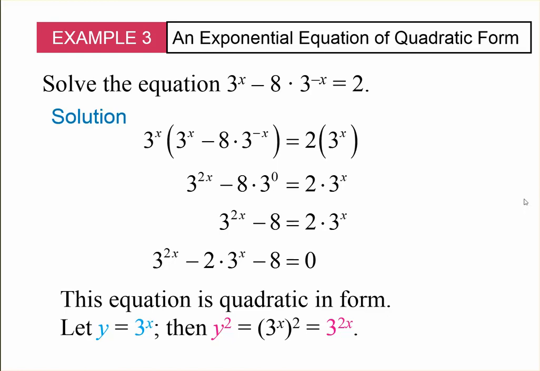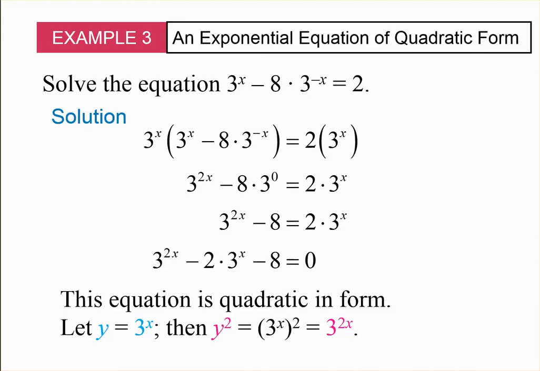So here's the one that I wanted to do. Can we solve this equation? 3 to the x minus 8 times 3 to the -x is equal to 2. Okay, the work is in front of you here, but I just want to clarify a few things.